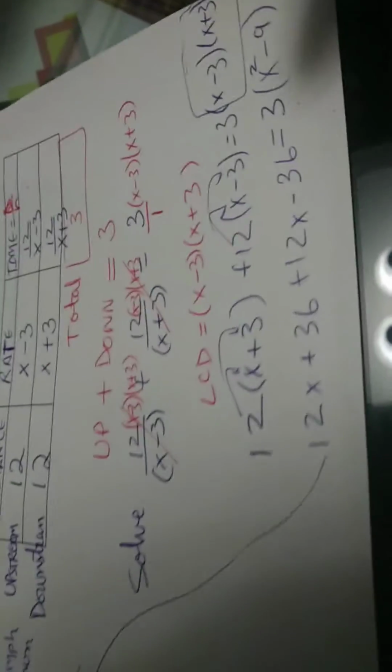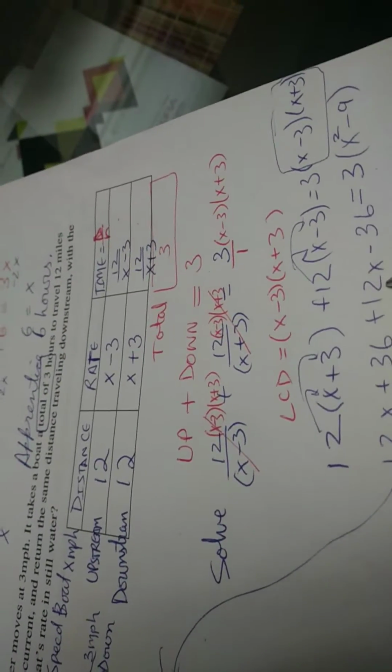I don't have space, so I'm putting it up over here. If you look at 12x plus 12x, that will give us 24x, and the 36 is gone. So we have 24x equals, if you go back, 3x squared minus 27.